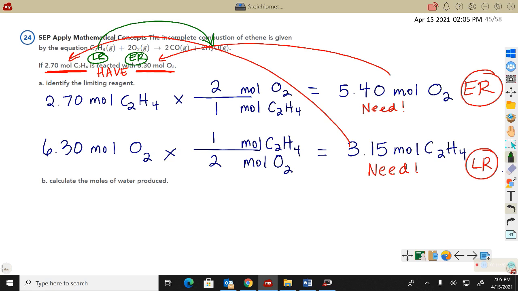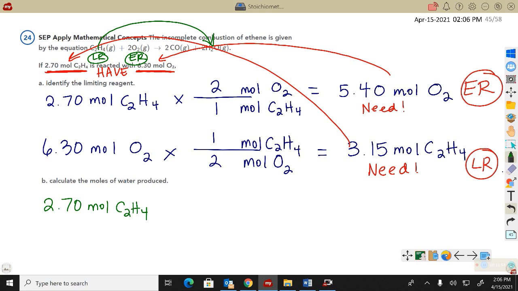Now this one is just having us keep everything in moles, which is kind of handy, I guess. So that now I can take moles of the limiting reactant, and we have to go back to the amount that we have. So the limiting reactant is going to be this 2.7 moles of the C2H4. That's what I have. I needed 3.15, but I didn't really have that.